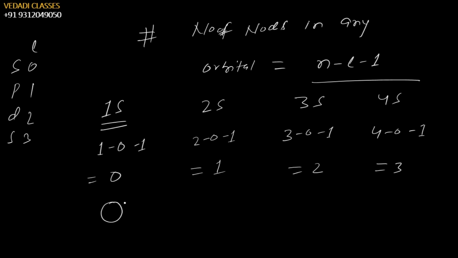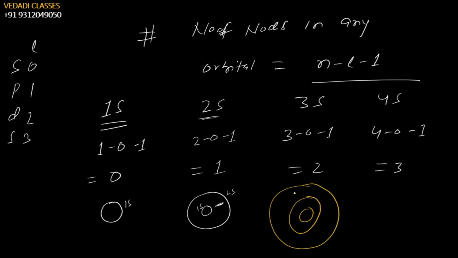Now have a look here. This is 1s, this is 2s. In between 1s and 2s, this space is the no electron zone. So there is only one no electron zone for 2s. For 3s, this is 1s, this is 2s, and this is 3s.